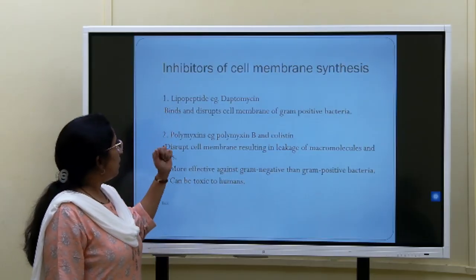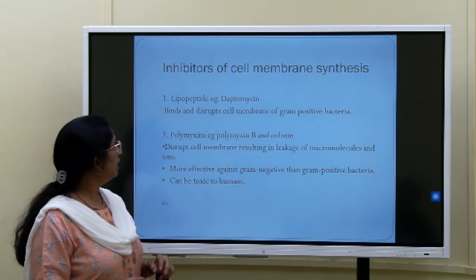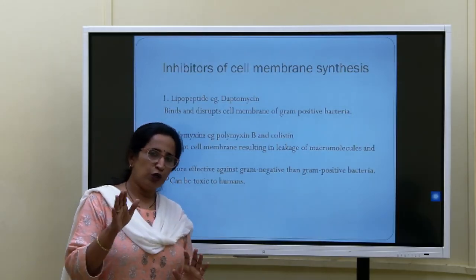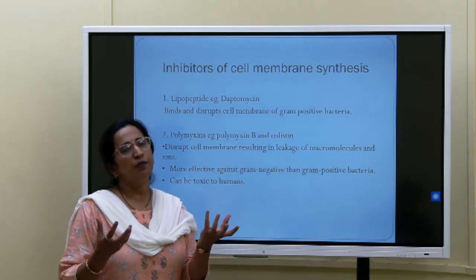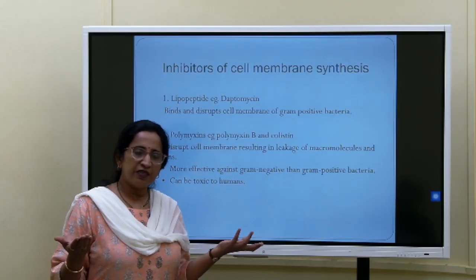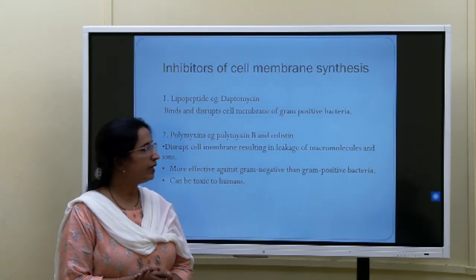So lipopeptide, the very common example is daptomycin. Daptomycin binds and disrupts the cell membrane, but only of gram-positive bacteria. The cell membrane is an important structure for the bacterium, and if it develops pores, then obviously the cell is going to die.